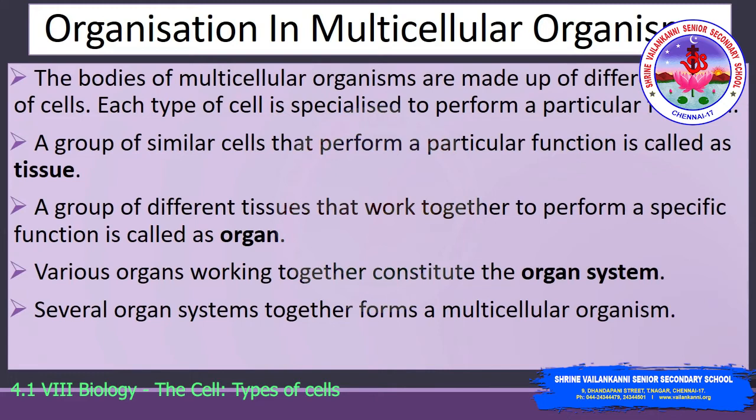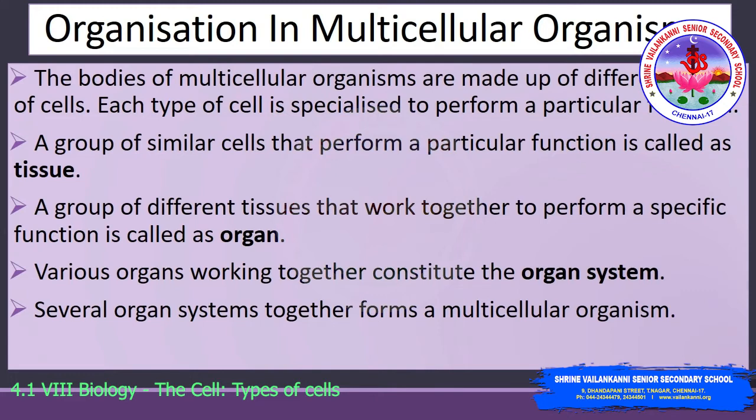So, now we shall study the organization in multicellular organisms. The bodies of multicellular organisms are made up of different types of cells. Each type of cell is specialized to perform a particular function.